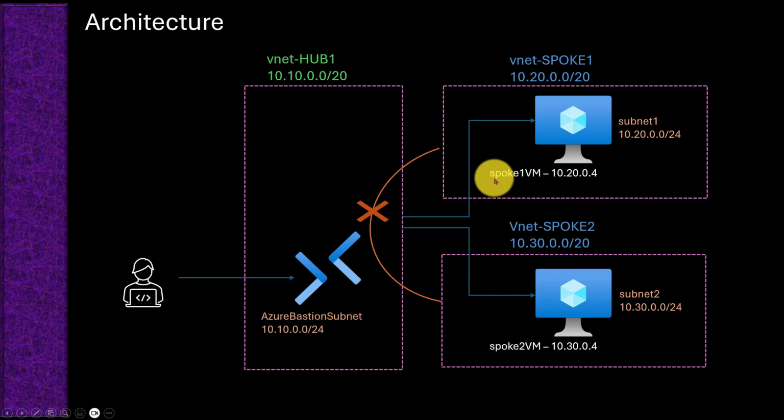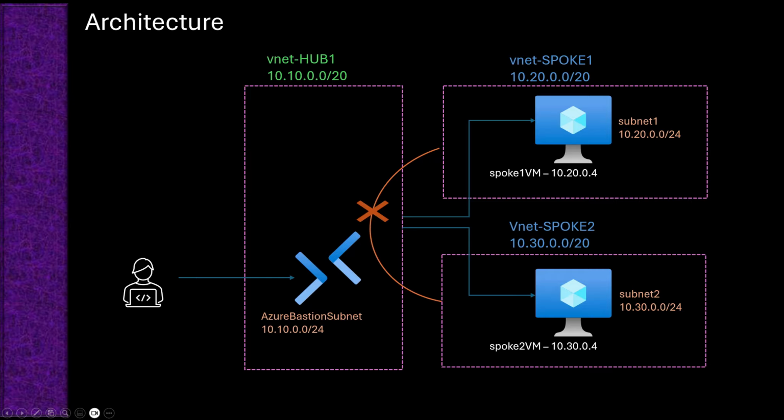But when VNet spoke 1 wants to talk to the spoke 2 network, it is not possible because peering is not transitive. That means the workloads sitting within one virtual network cannot talk to each other just by peering with the hub.